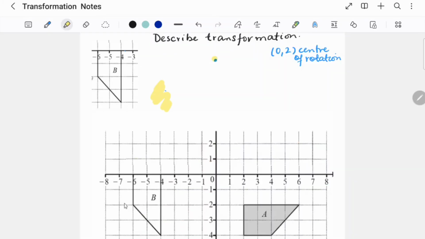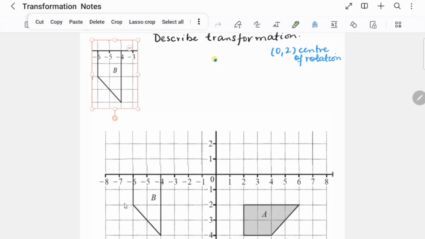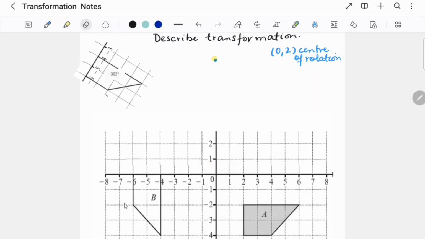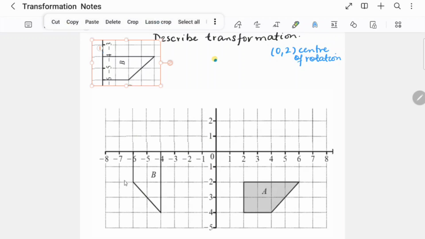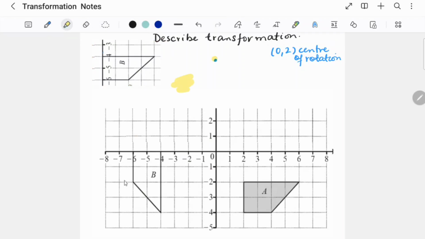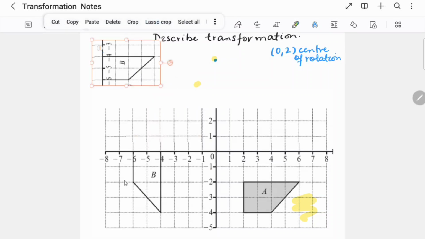Now look at this screenshot. I have shown you already how to see the angle. If I rotate like this, you can see the same image. I rotated it by 90 degrees, and I move like this, it is anti-clockwise. I'm just showing you again.